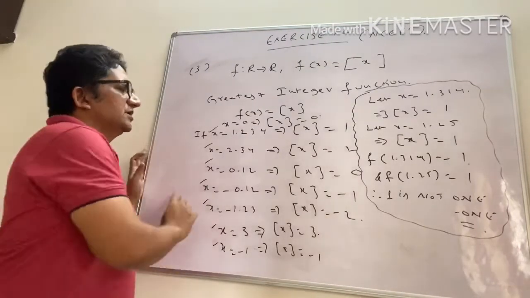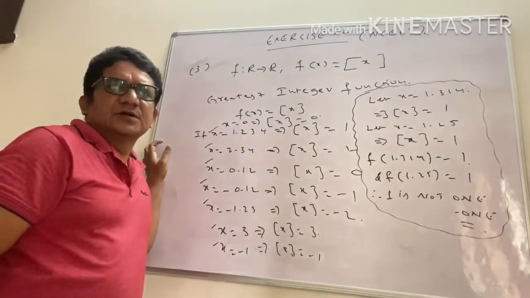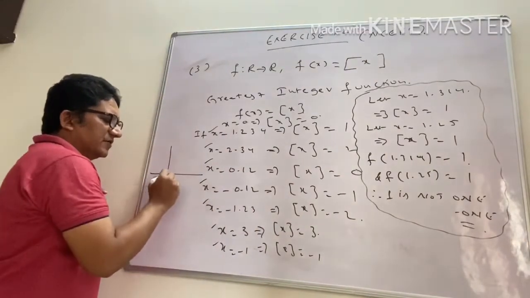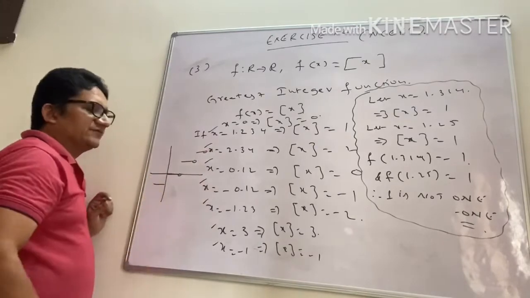I hope by seeing this structure all of you recall the graph also, how the graph of this function will be. If I draw it, the graph will be somewhat like this type. That's why we call it a step function.